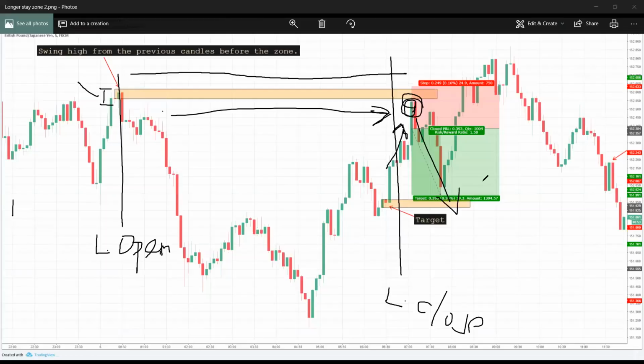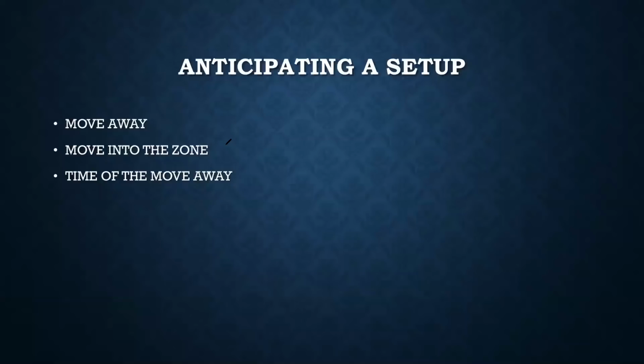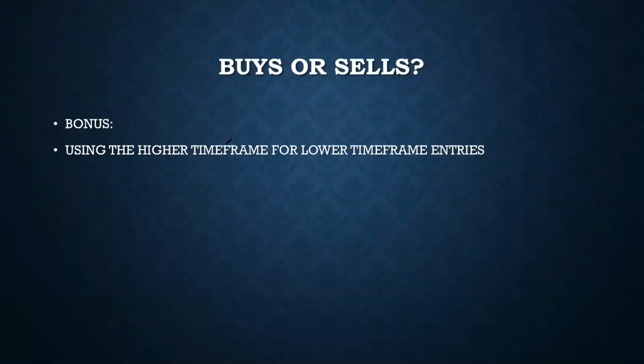So now since we are done with drawing the zones and looking at all the criteria when it comes to drawing zones, now I think the next slide is about buys or sells.